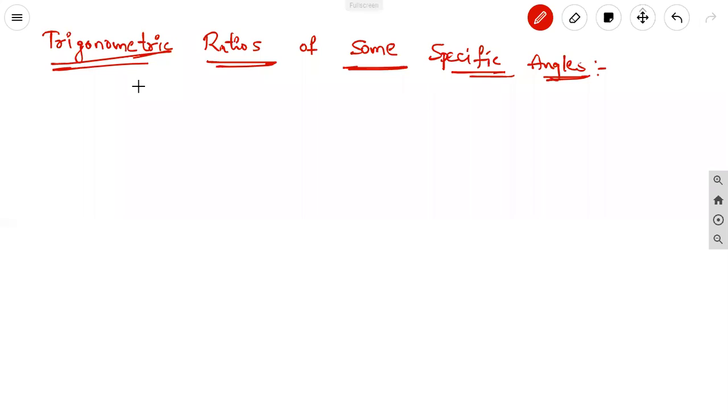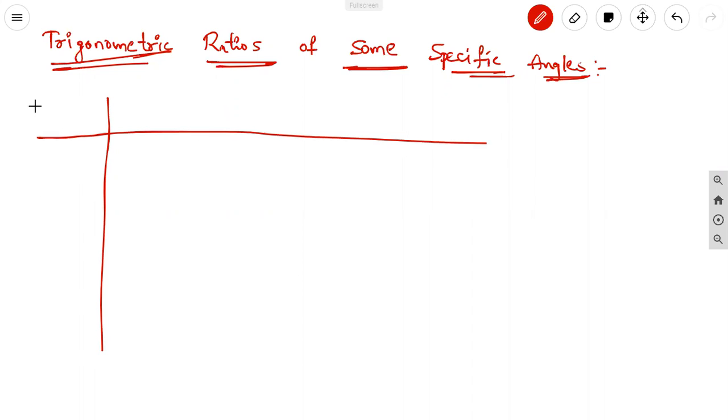Now we are going to discuss trigonometric ratios of some specific angles. Here we can take the angle theta. First we can take the trigonometric functions with the specific angles.